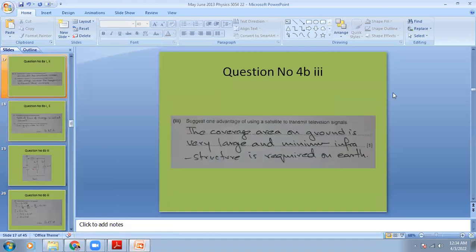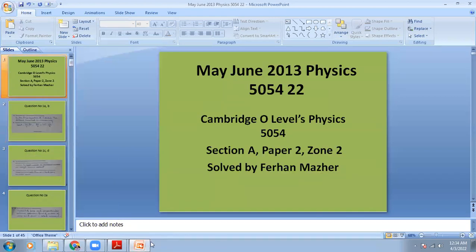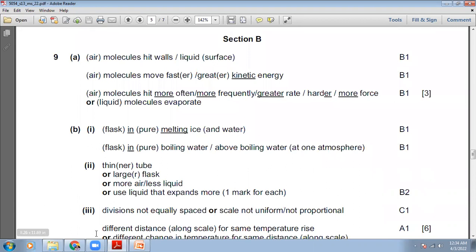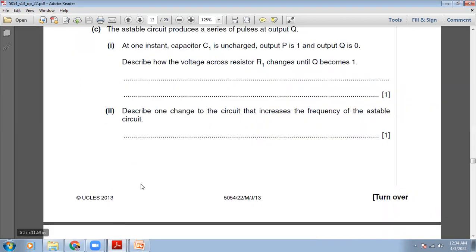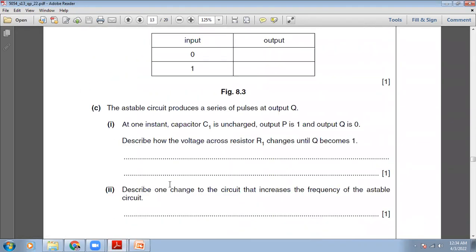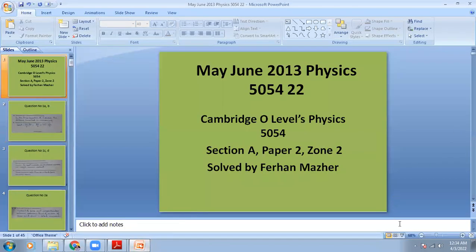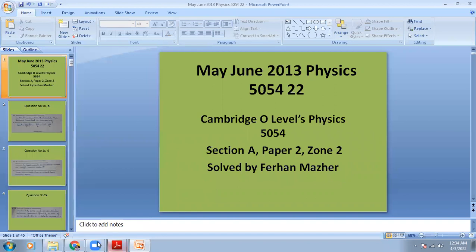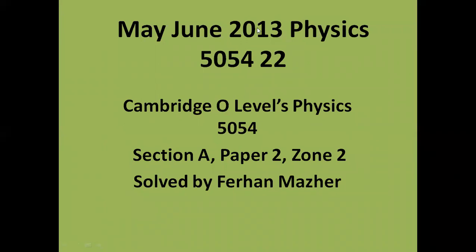So, my dear students, we are done with question number 8, and then the section B will start. Okay, so after this we have the section B. My dear students, we have completed the section A of this paper.